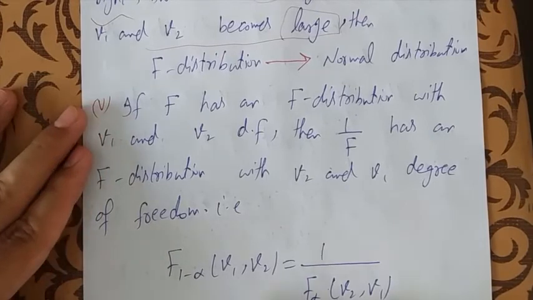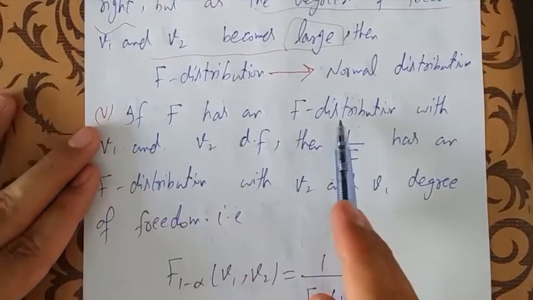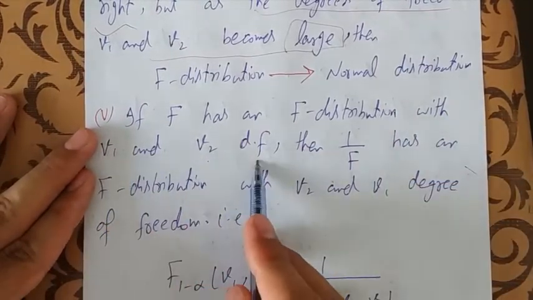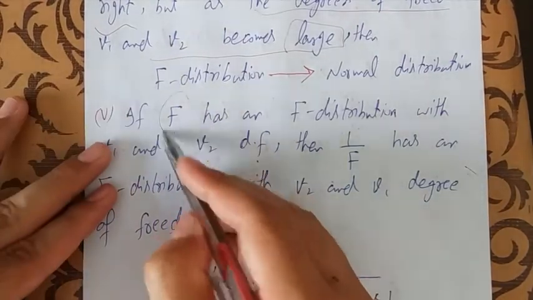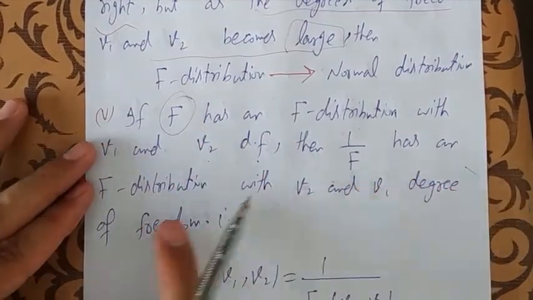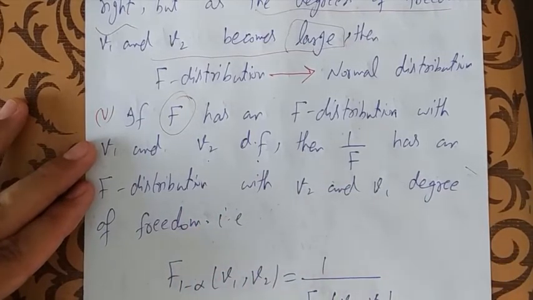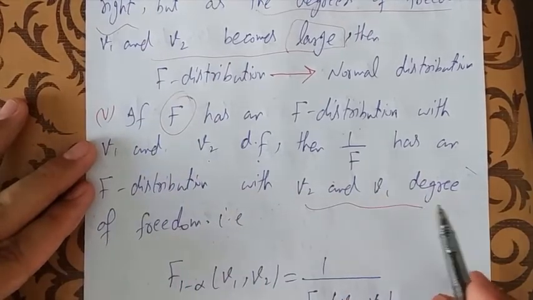These are very important properties. If F has an F distribution with mu 1 and mu 2 degrees of freedom, then 1 over F, the reciprocal of the F distribution, has an F distribution with the reciprocal degrees of freedom. Understand?